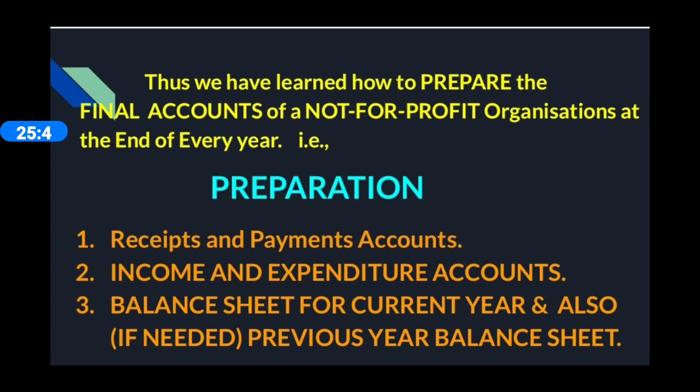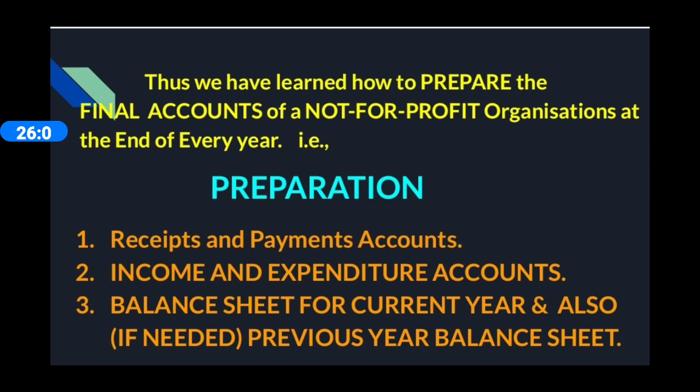Here we should not say profit or loss. It is called surplus or deficit. That is, net profit is called surplus, net loss is called deficit. Only by preparing the income and expenditure account can we find out such a surplus or deficit.